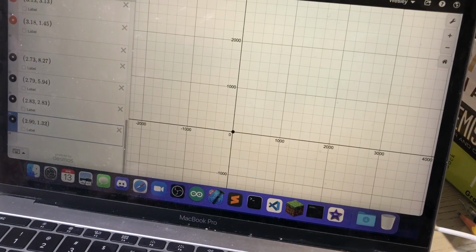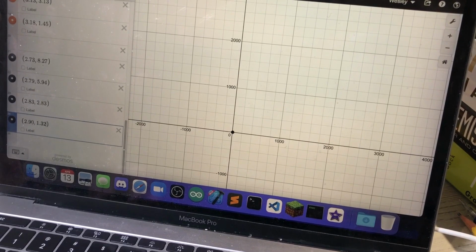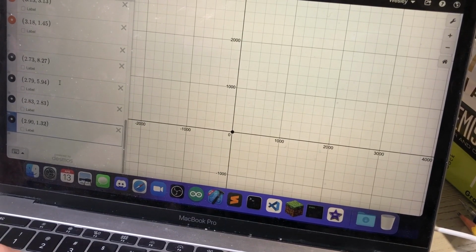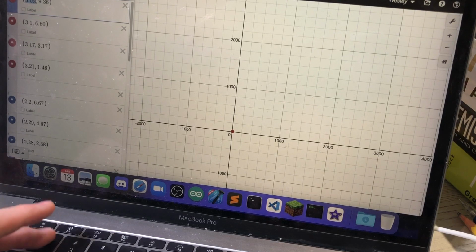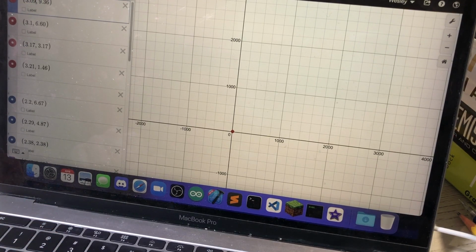Okay, so I've gone ahead and converted all the voltages and resistance to current. And now what I will do is take these voltages and do 5 minus this, because that will give us the voltage across the diode. So let me go ahead and do that.